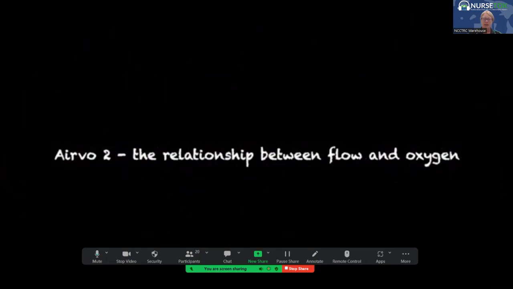If you then keep the amount of oxygen going through the tube as 3 liters, but you increase your flow to 50, that means you still have 3 liters of oxygen going through, but you now have 47 liters of air going through to make up that 50 liters.